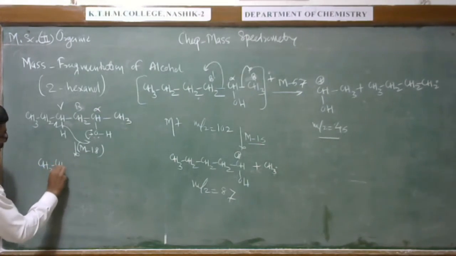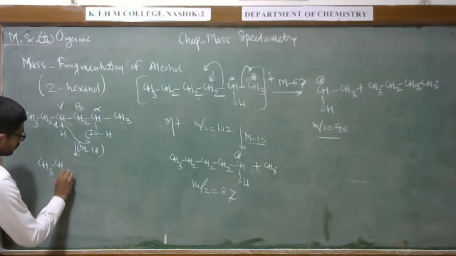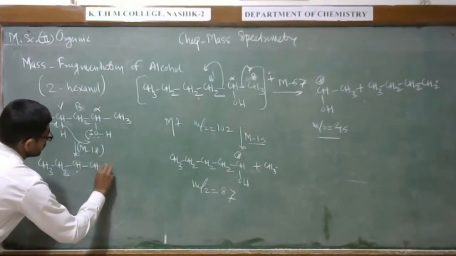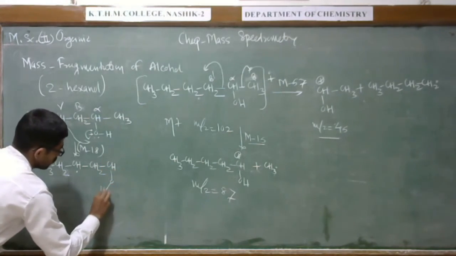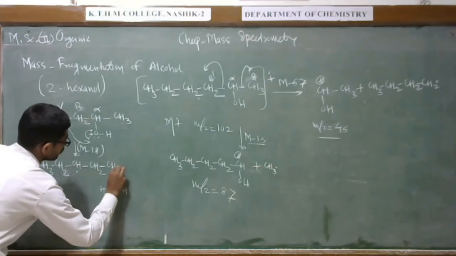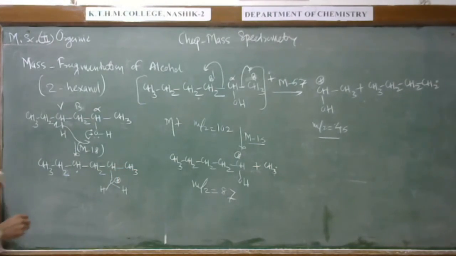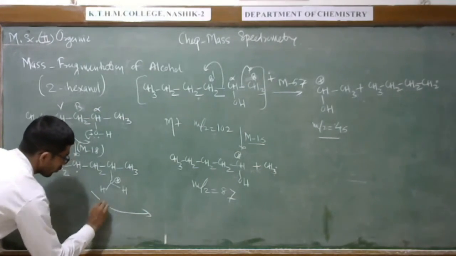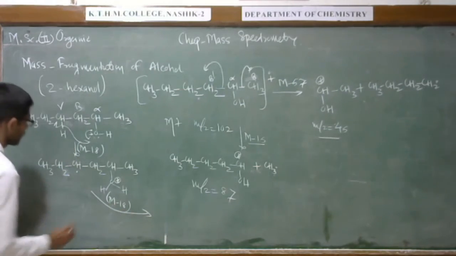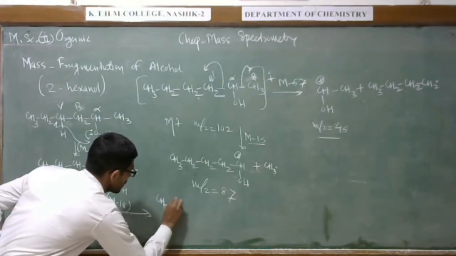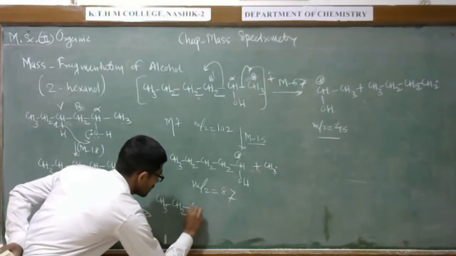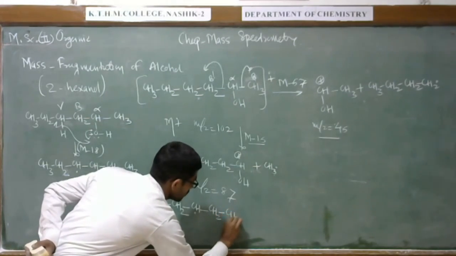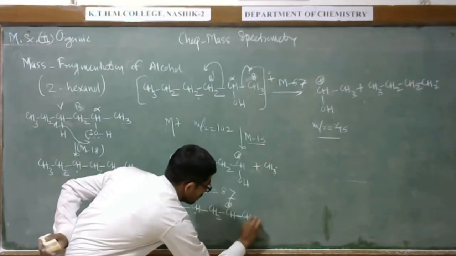CH3, CH2, CH as a radical, CH2, CH, like this. So from this we can show the loss of 18: CH3, CH2, CH radical, CH2, CH positive charge, CH3.